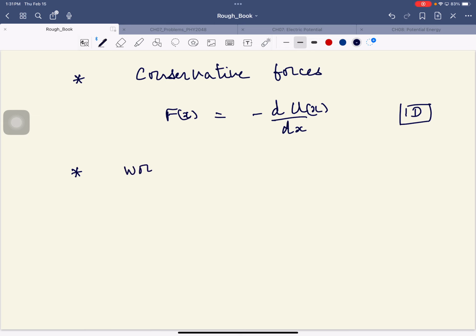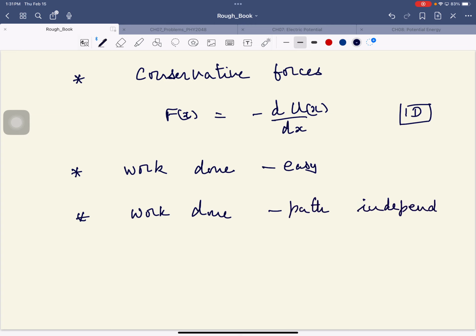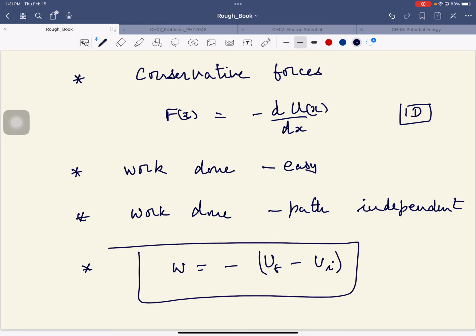Work done is easy to calculate. Work done is path independent. Work done is minus U final minus U initial. Okay, so that's the summary of the chapter.